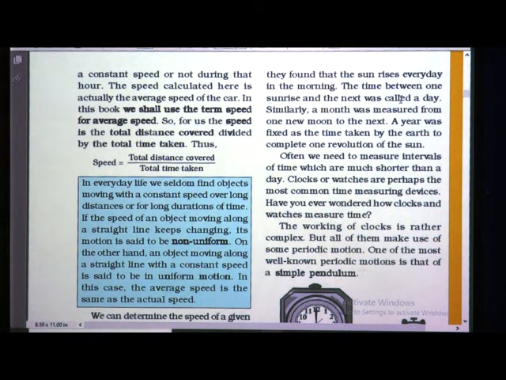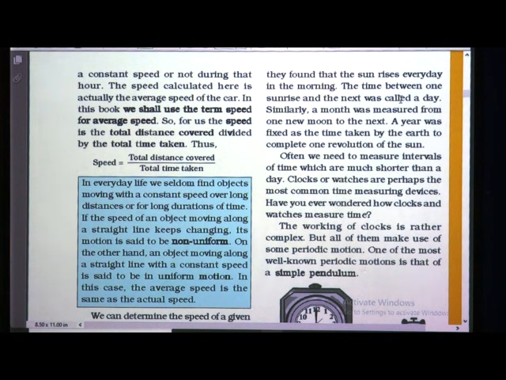So they decided that when the sun rises in the morning and again repeats this event, the time between these two sunrises is called a day. So they decided, we will call this a day.